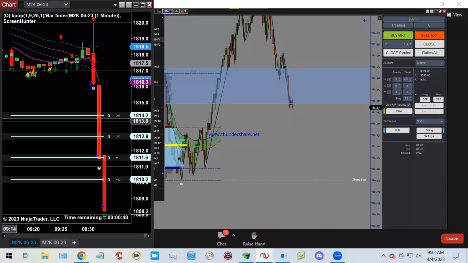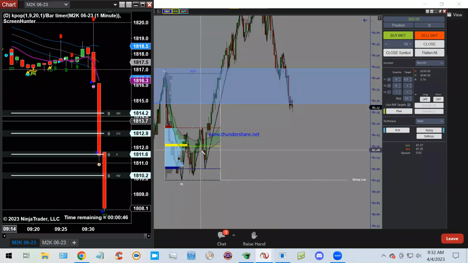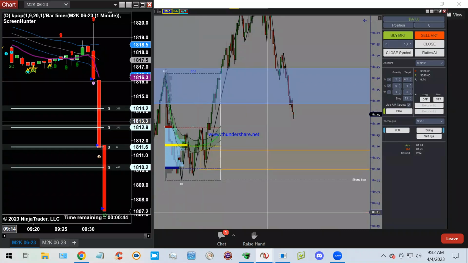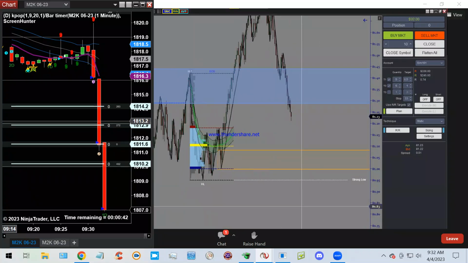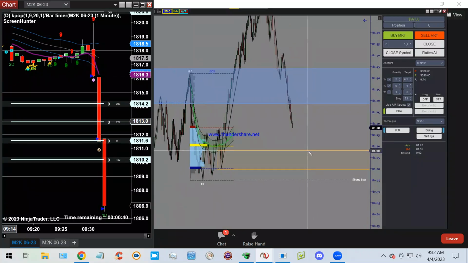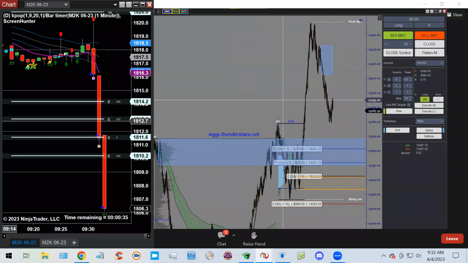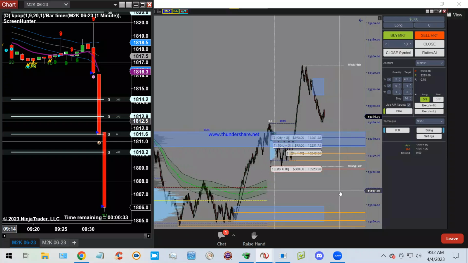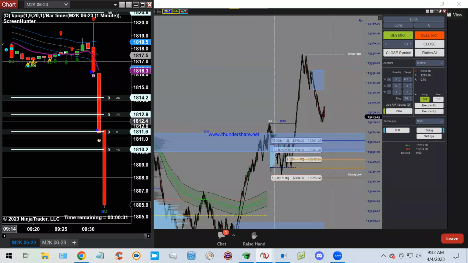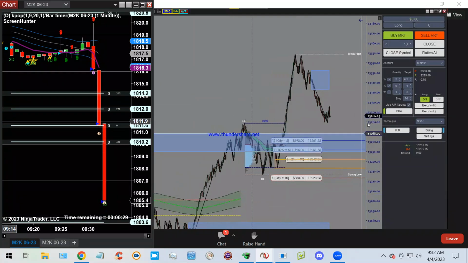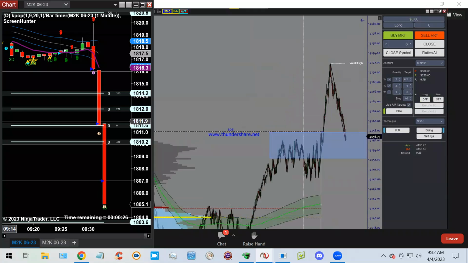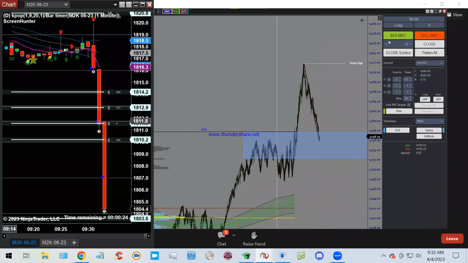Be the last down bar at or below the value area low. If you were to take this into the value area high, let's go see what crude's doing, or the NASDAQ, sorry. A lot of selling on the equities right at the open, pushing right back into that level.